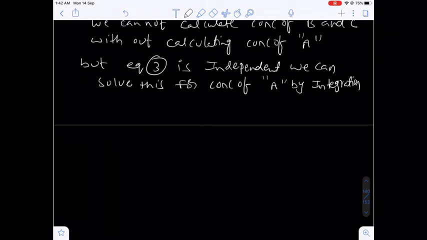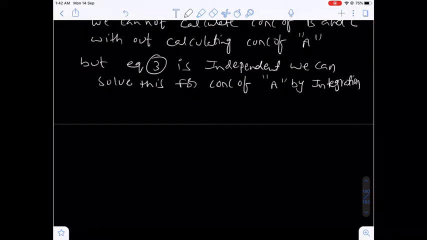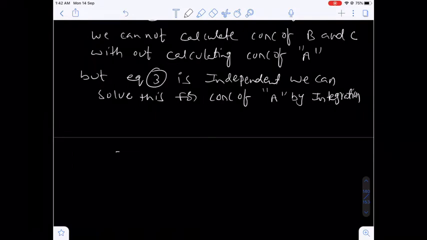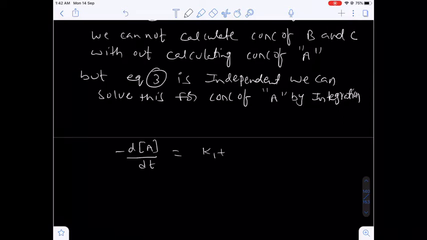Now what am I doing here? Minus dA by dt equals K1 plus K2 multiplied by the concentration of reactant A at a time interval t. Are you getting my point? Now what is K1 plus K2?